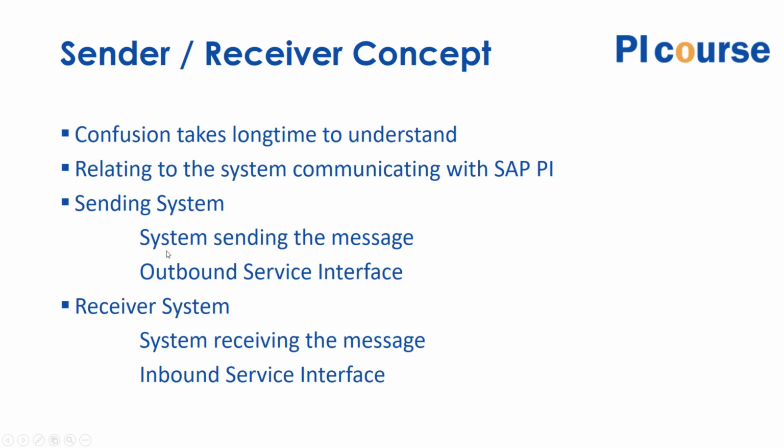This is using the sender adapter. The sender adapter starts reading if it gets a file or it gets triggered by a web service call, for instance. On this, you're defining an outbound service interface, and outbound also refers to the information that you're getting from the system.